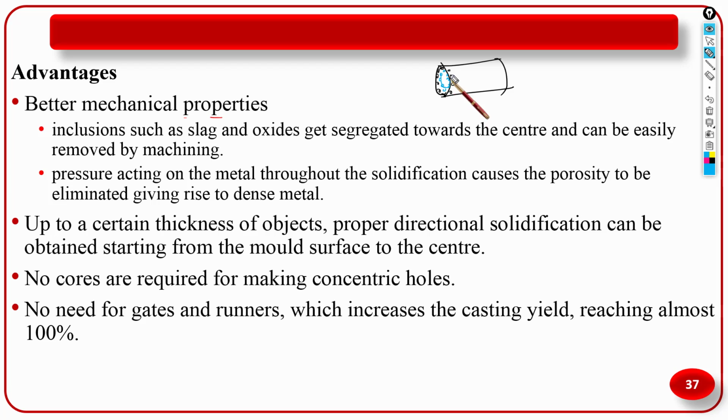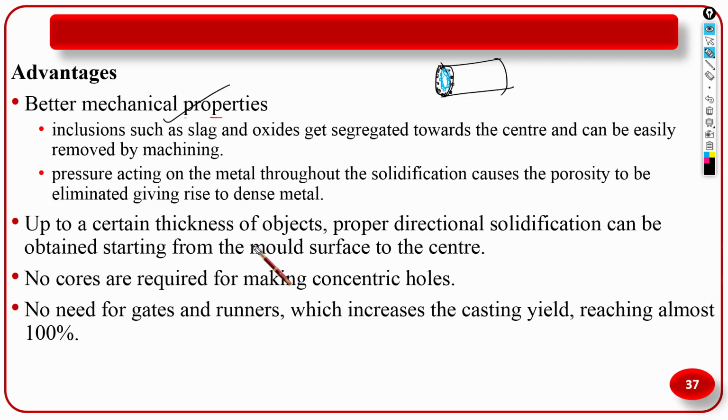So these particles which have low density are slag, and this black one is metal. So slag is separated. If slag, or any kind of oxide or impurities, is separated, then obviously you will get better mechanical properties. The second thing is that because of the pressure of the centrifugal force, any porosity that is there will be eliminated. Clear? So this is the advantage.